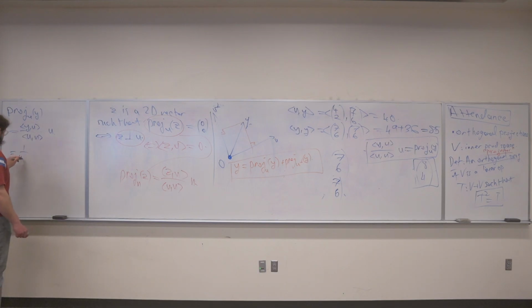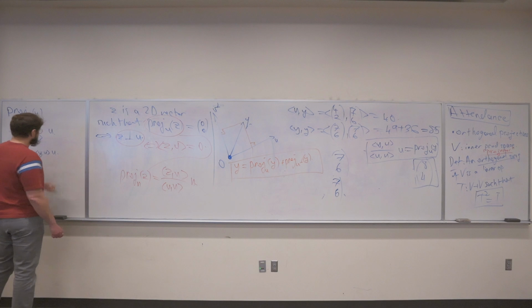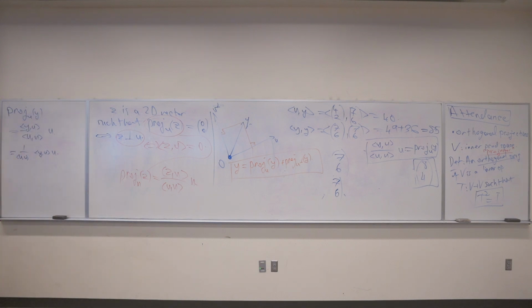So I'm going to write it like so. This is going to be somewhat confusing. Now, what are the types of these three things? That's a scalar. Don't worry about it for now. This is also a scalar. And this is a vector. And this is a scalar product, or scalar multiplication.